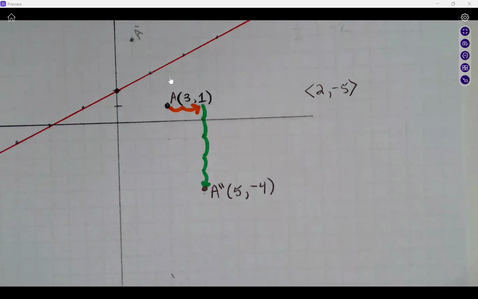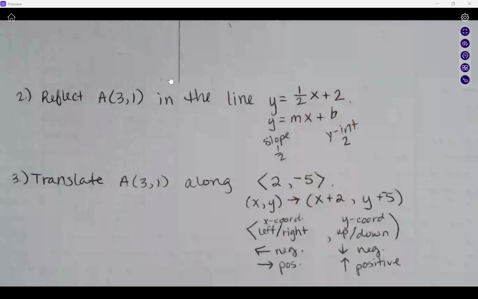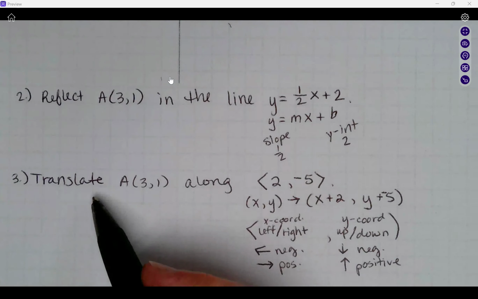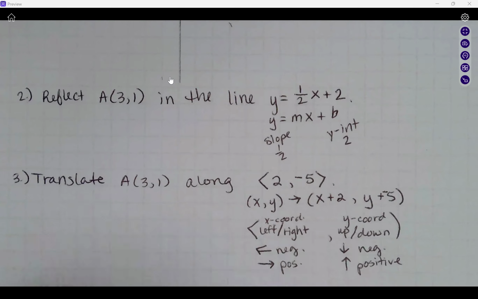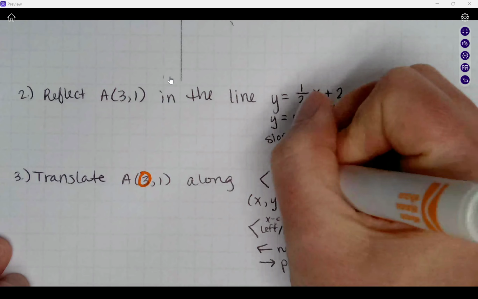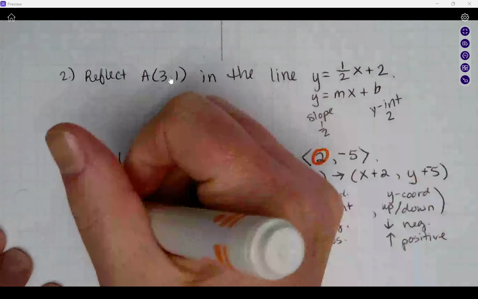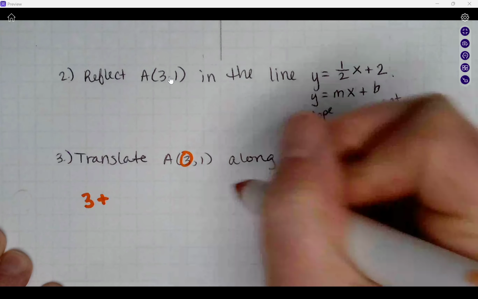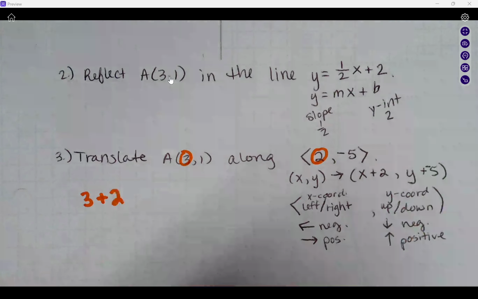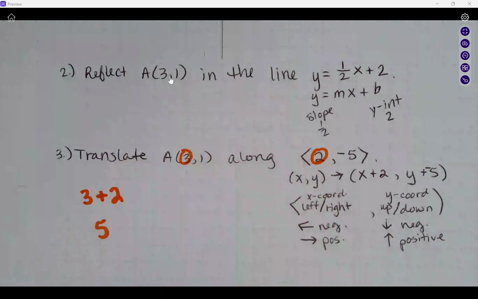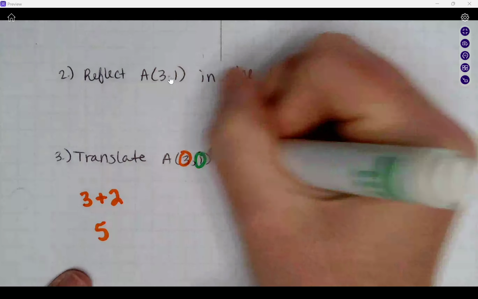Now, algebraically speaking, we could have done this without even looking at the graph. If we're translating point A along this vector, all you need to do is add your x-coordinates and your y-coordinates.